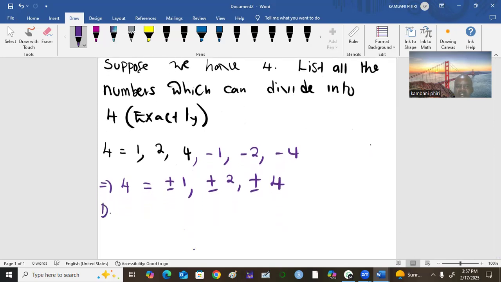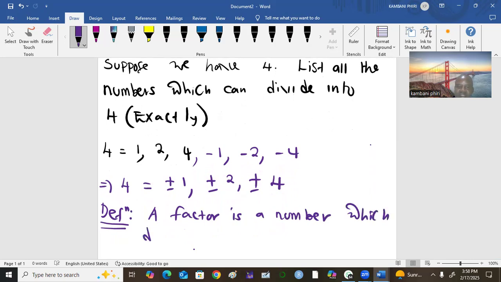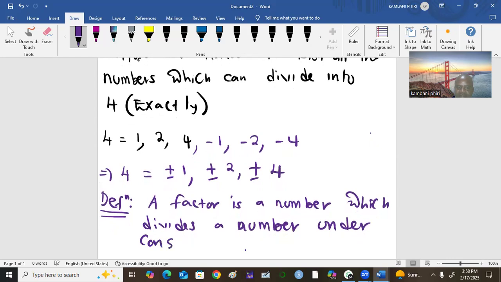So, by definition now, a factor is a number which divides a number under consideration exactly.